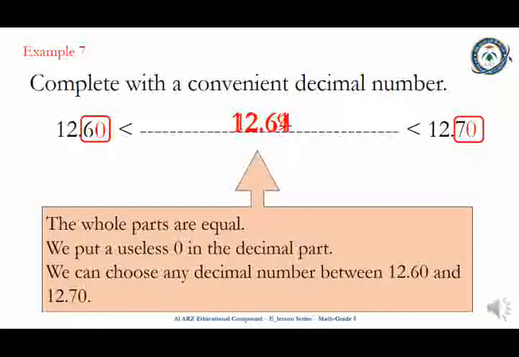We can choose any decimal number between 12.60 and 12.70. So between 60 and 70 we have 61, 62, 63 till 69. So we can write 12.61 or maybe 12.64. And the greatest possible number is 12.69. You cannot write 12.70.